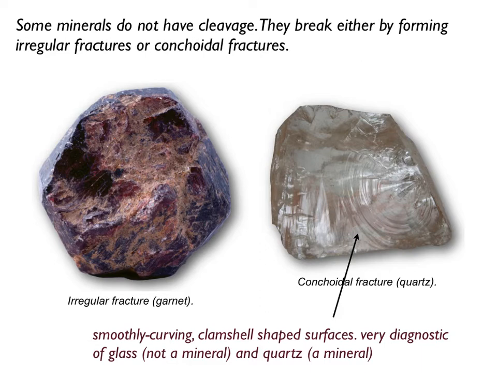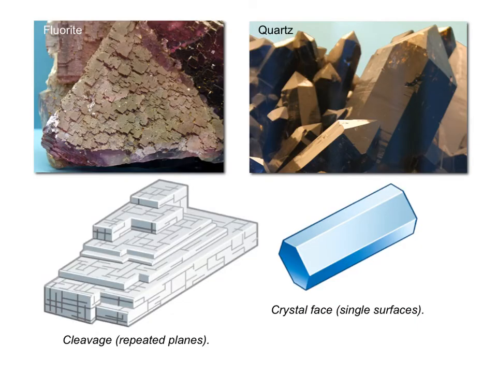We call that conchoidal. If you've ever broken a piece of glass, then you've seen this conchoidal fracture develop, and so that clamshell pattern I'm referring to is here. And that's very diagnostic of the mineral quartz. It will always form this conchoidal fracture when broken.